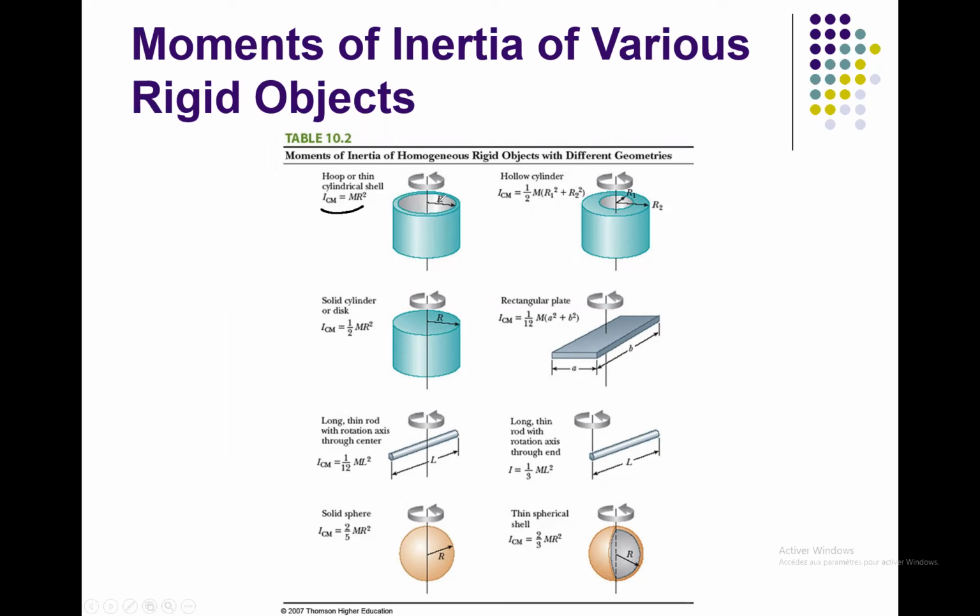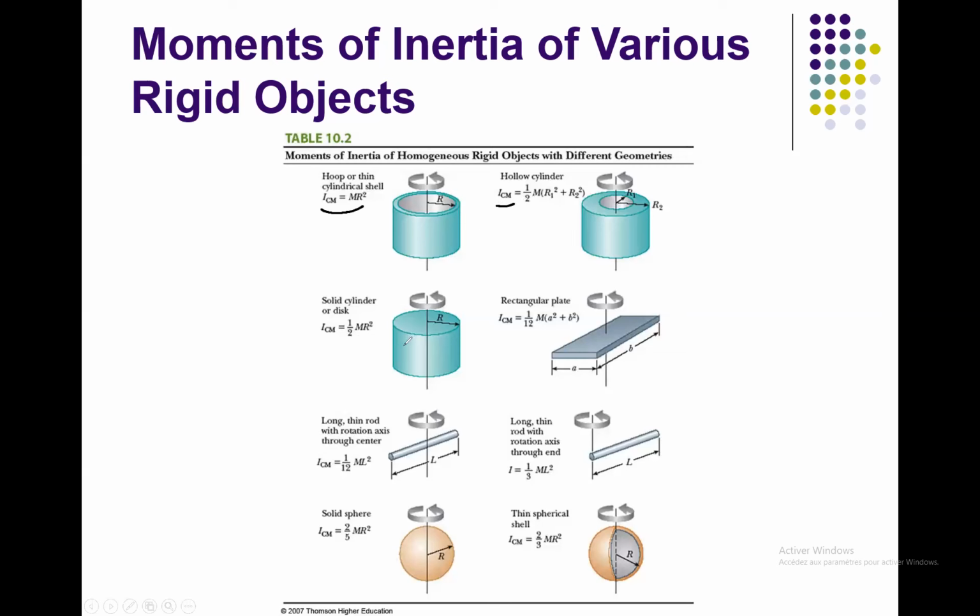R is the radius. It's a thin cylindrical shell, so the thickness is negligible. Okay? In the case of a hollow cylinder, we have internal and external cylinder. I_cm is given also, and so on.